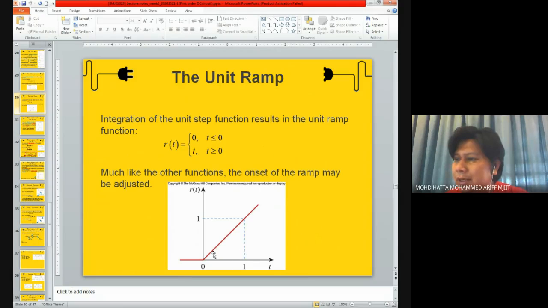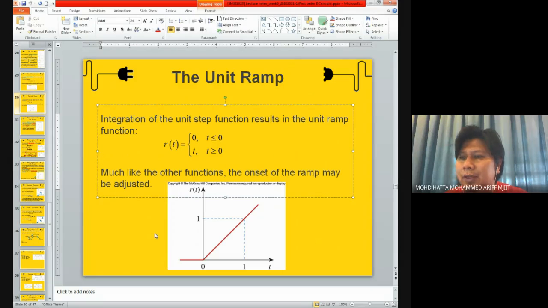But if you ask about a unit ramp, unit means single. Single means you're going to have t over here as your response for t greater than 0. So this is the example of a unit ramp.